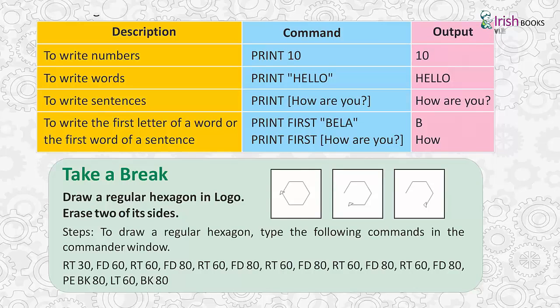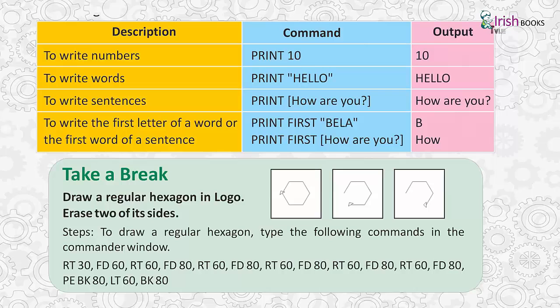To write numbers, print 10, output 10. To write words, print hello, output hello. To write sentences, print how are you, output how are you. To write the first letter of a word, print first Bella, output B. The first word of a sentence, print first how are you, output how.